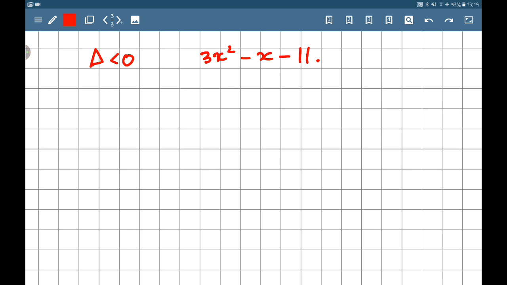But this one is real. Ahisha says it's non-real. Let me see. The discriminant. Oh, no, it's real. It's unequal, but it's real.